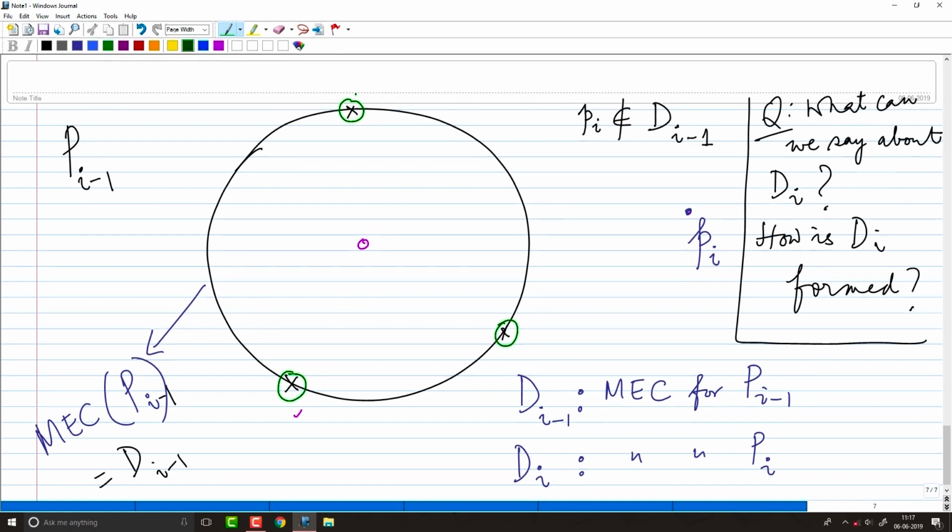That was probably the easiest one. Again, you could come up with a counter example as I drew, that again you could have points outside. So, the only claim that we can make is the new minimum enclosing disk is going to have Pi on its boundary. That is the only claim we can make, nothing more. Okay? Let us prove that.